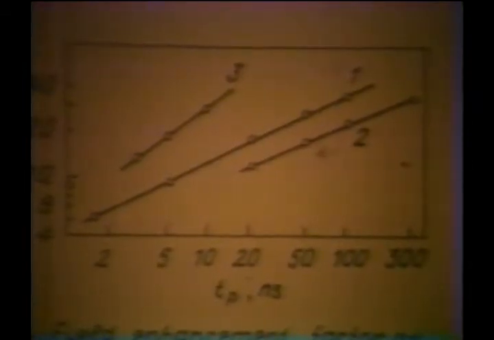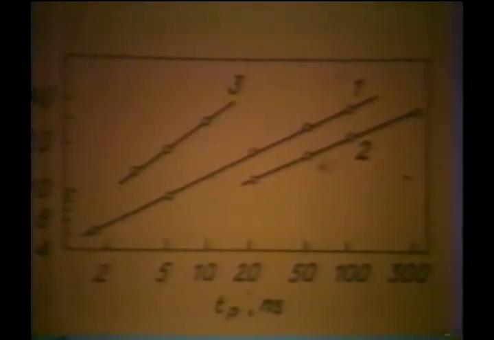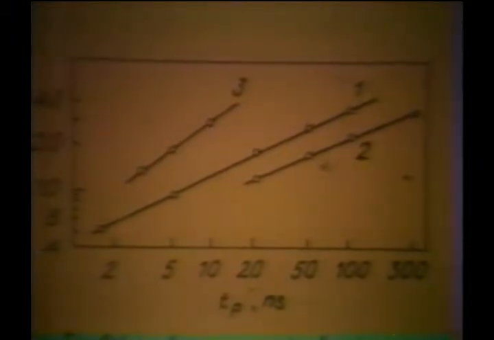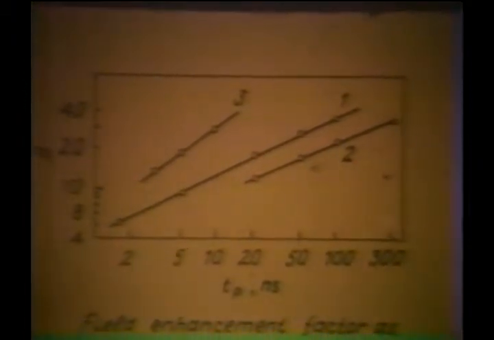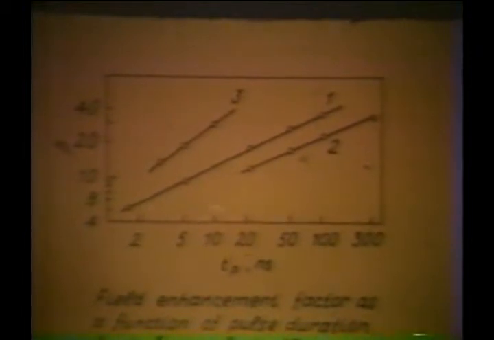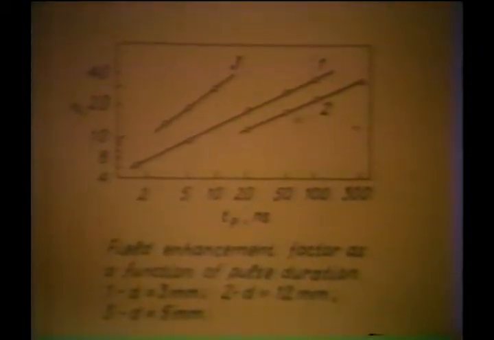Next slide, please. It is a dependence of the field enhancement factor beta as a function of pulse duration for a molybdenum cathode.